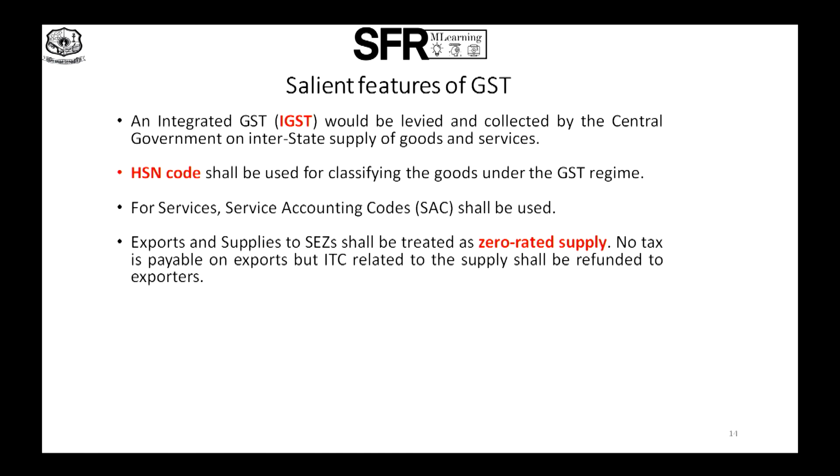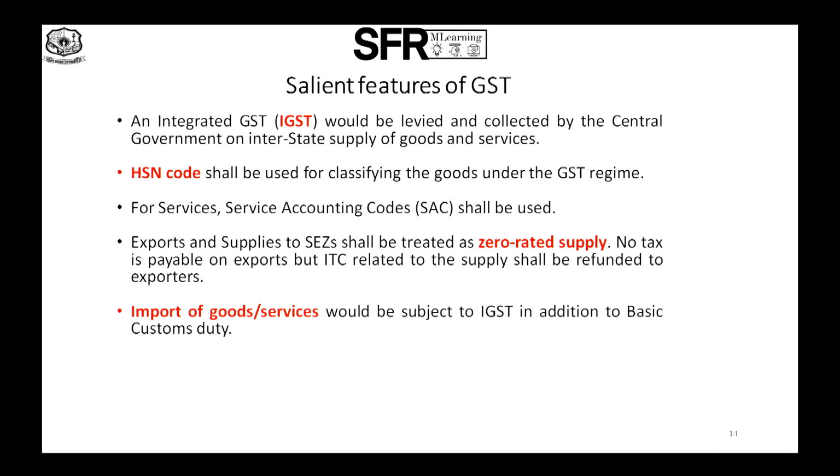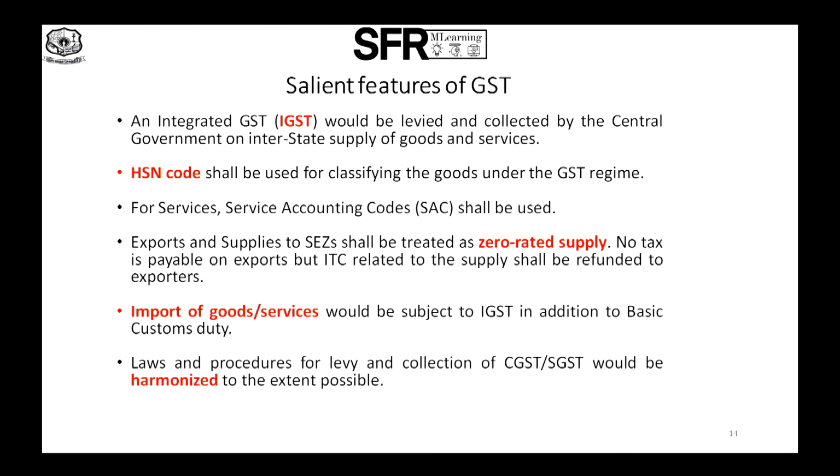Exports and supplies from special economic zones are treated under zero rated supply. Imports of goods and services would be subjected to IGST in addition to the basic customs duty. Law and procedure for levy and collection of GST is harmonized to the maximum level possible.